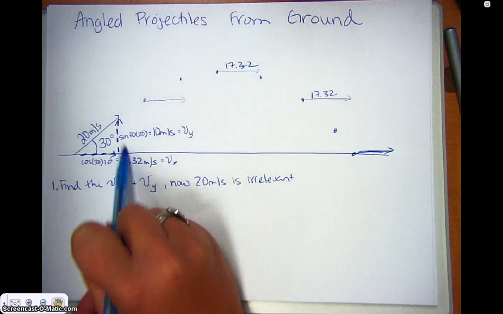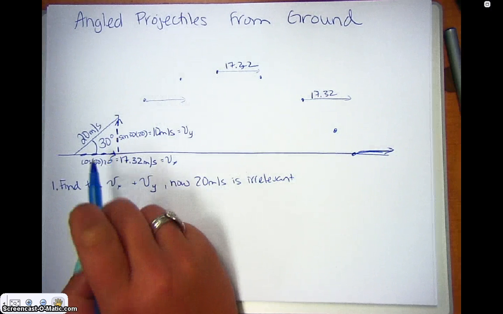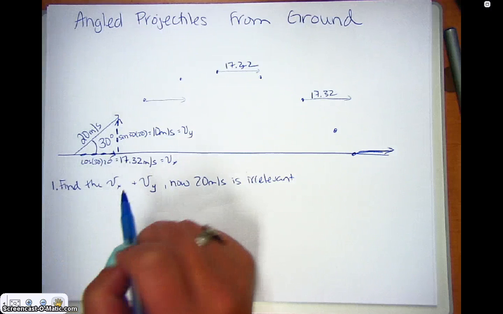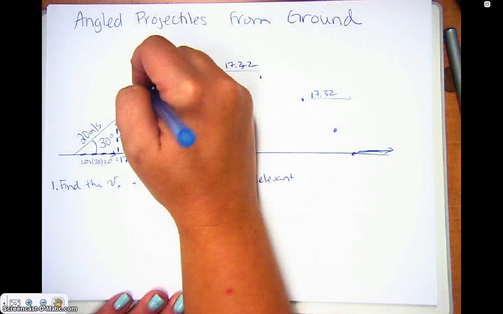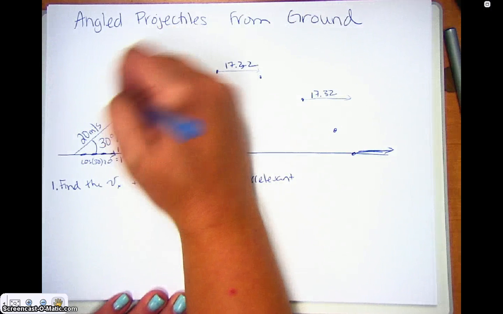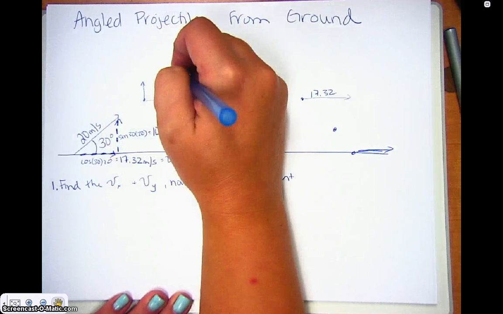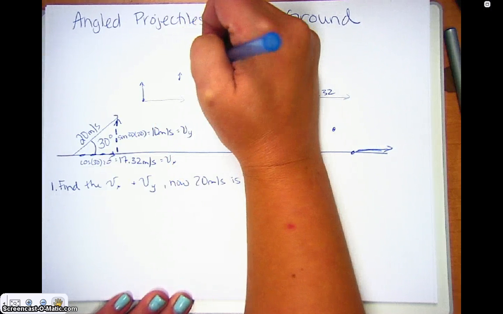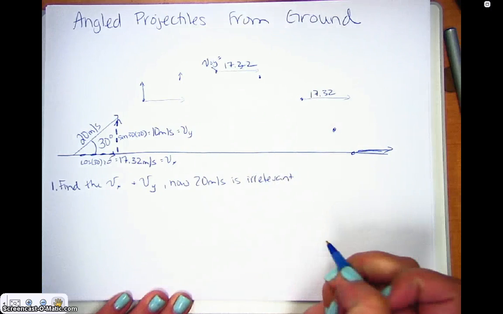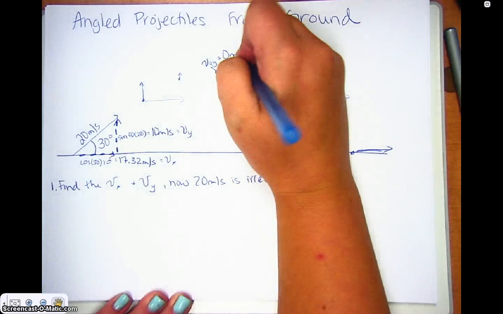However, the vertical velocity is going to decrease, because it will be slowed down due to gravity. So the vertical component here will start large, and then it'll get smaller and smaller until right here where it's actually 0. So velocity in the y direction is 0 meters per second.